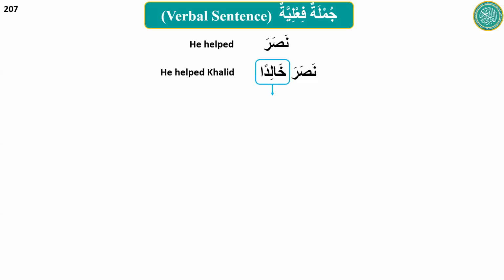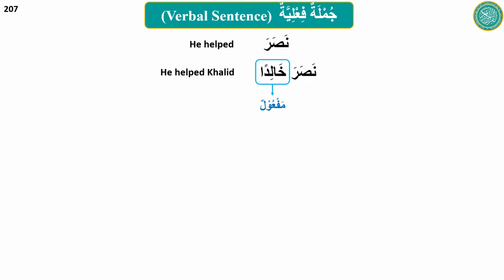And this mansoob ism over here has a name. It is called maf'ul, the receiver of the action. Okay, Nasara Khalidan, Hiba, is a jumla fi'liya. Can you give me its three components?